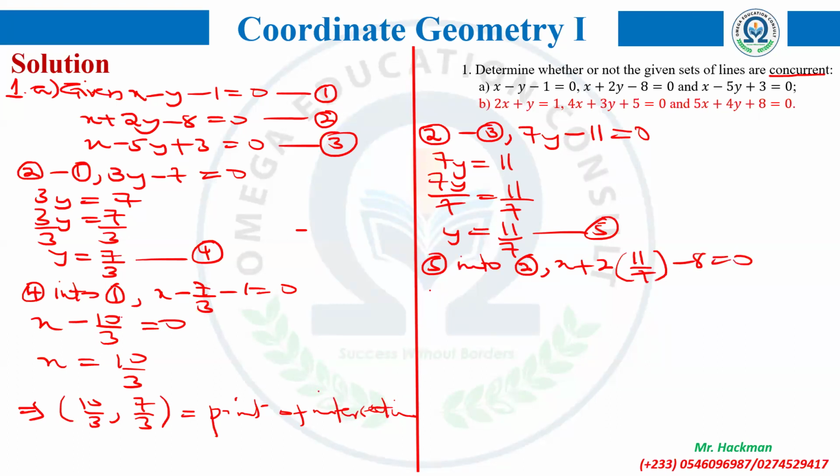So I'm going to get x plus 22 on 7 minus 8 is equal to 0. So again, x, combine this using your calculator for me. I'm waiting.